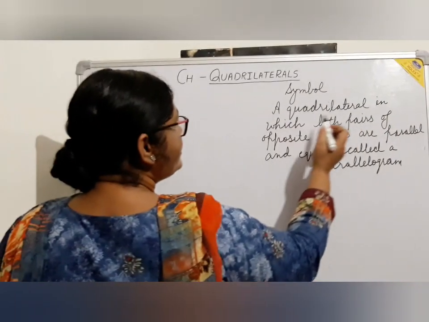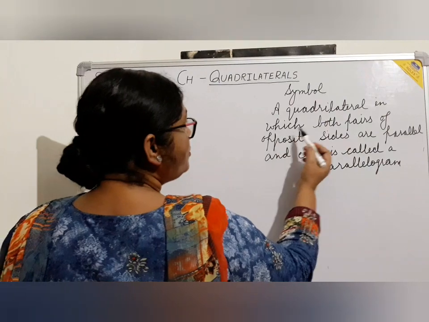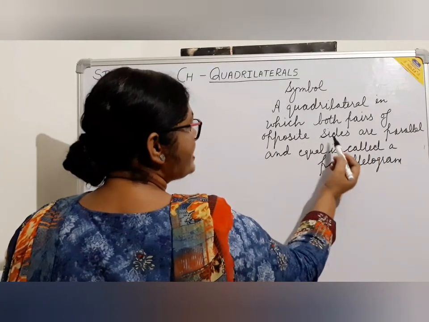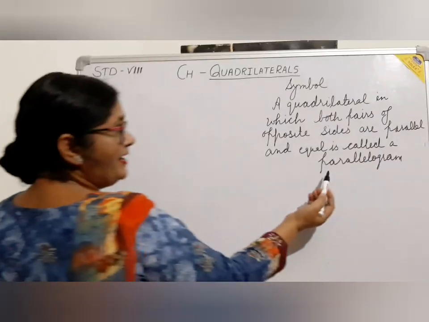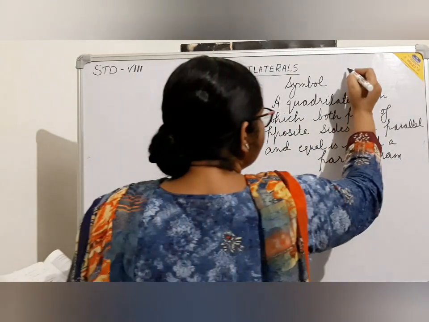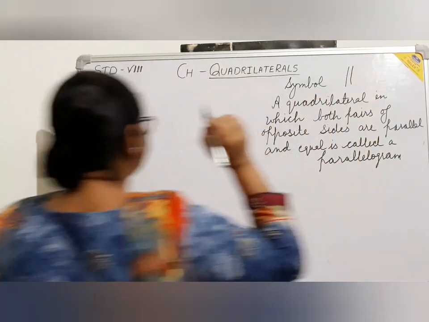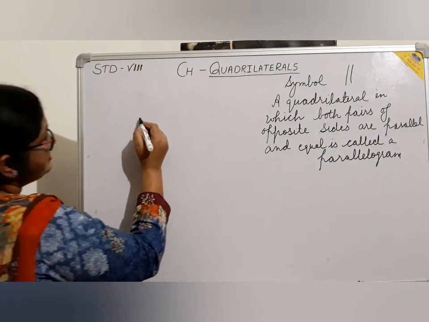A quadrilateral in which both pairs of opposite sides are parallel and equal is called a parallelogram, and its symbol is this.